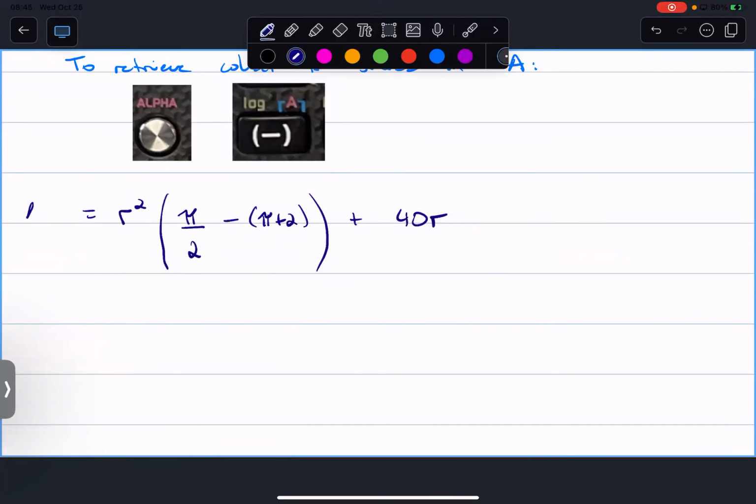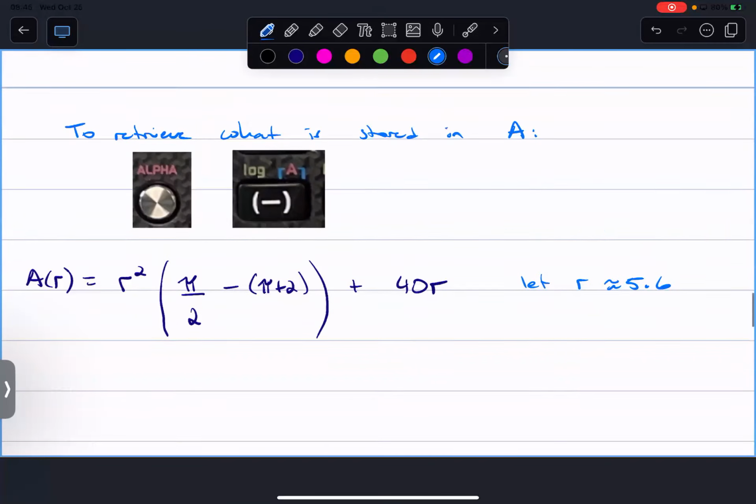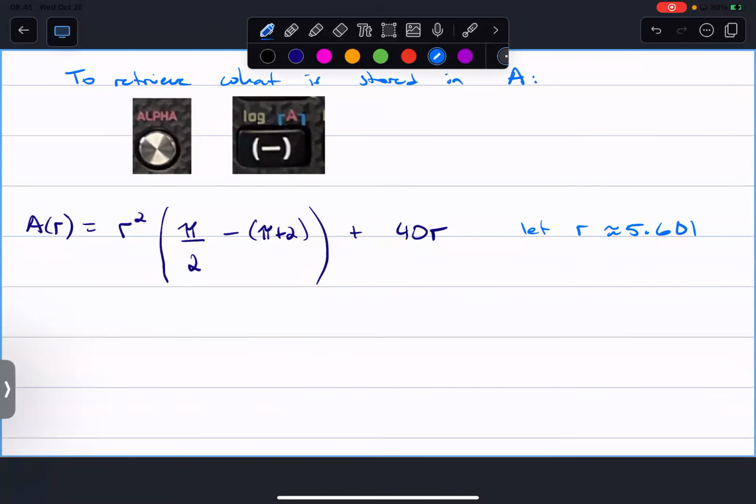So the area of R is this, or some version of that. And we let R be 5 point, really rounded, but it's followed by 2, 0, I guess 0, 1. Let's do that.